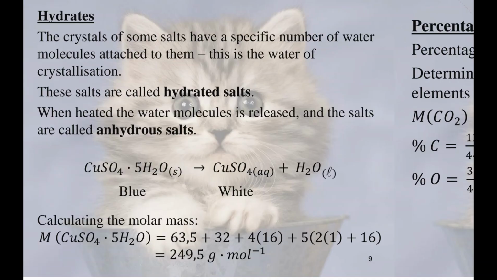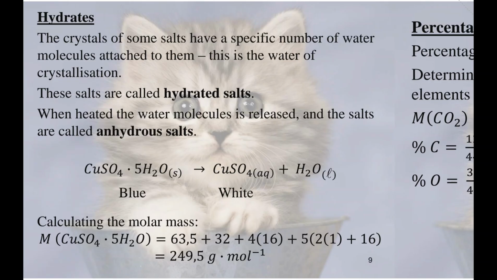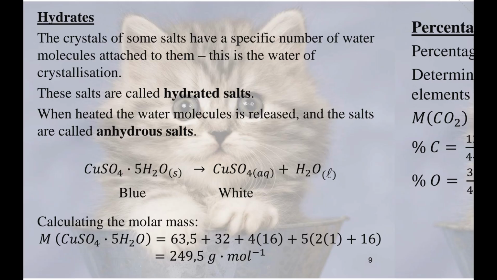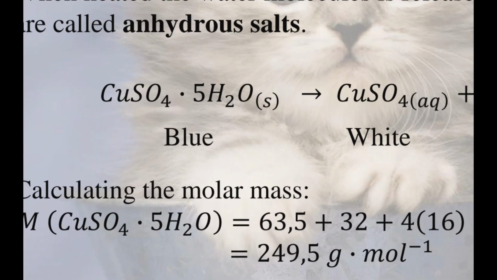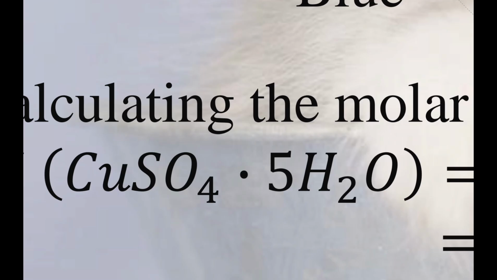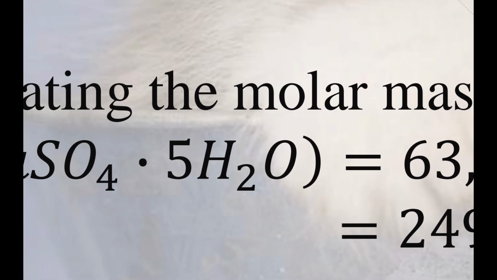And then calculating the molar mass. First thing you need to do is calculate the molar mass of the copper sulfate. I always tell my students, a chemistry student must always have a calculator and a periodic table. You go to your periodic table and check the mass of copper, sulfur, and oxygen. There is a 4 in front of oxygen, so you multiply the mass of oxygen times 4, then add sulfur, then add copper, and then you go to hydrogen.